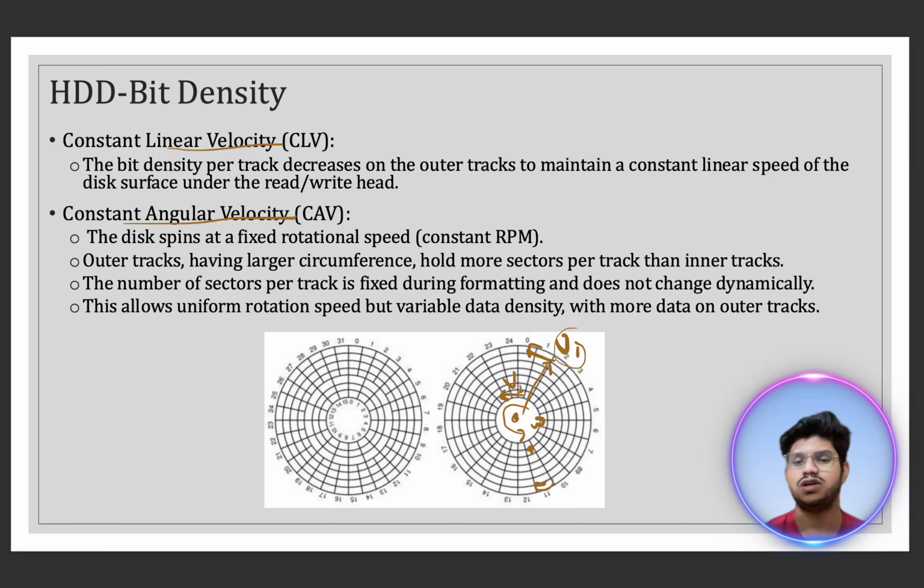But all sectors store the same amount of data. So if this small sector stores 10 bits of data, this sector also stores 10 bits of data. So maybe this outer sector is not fully utilized.